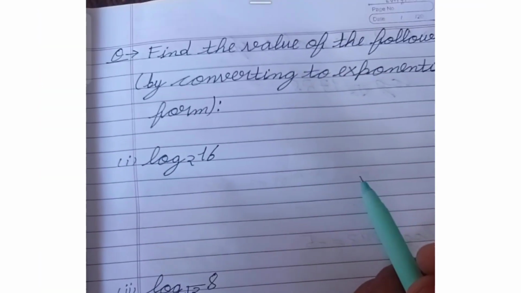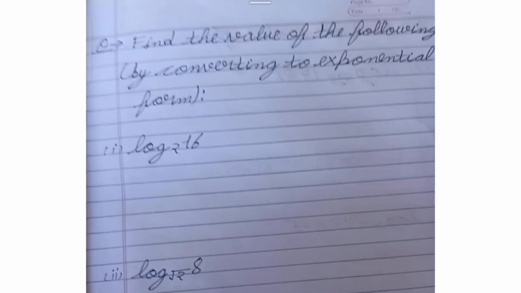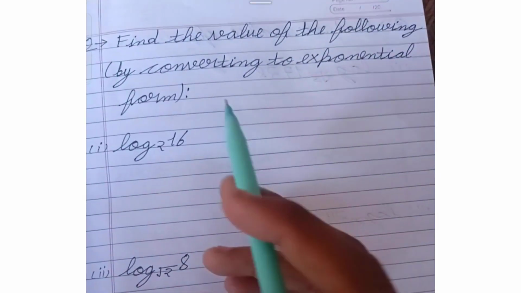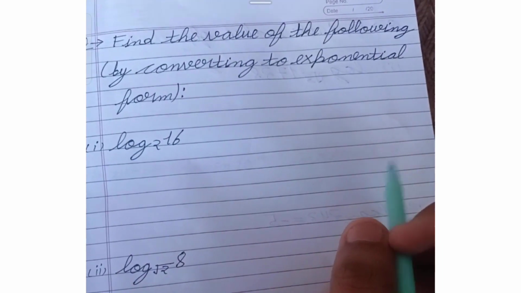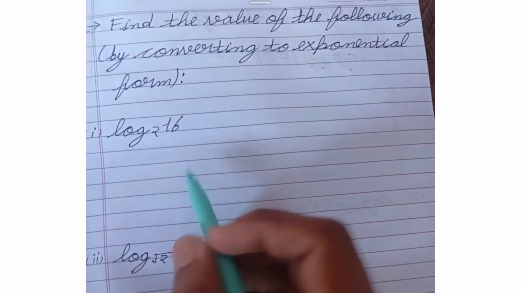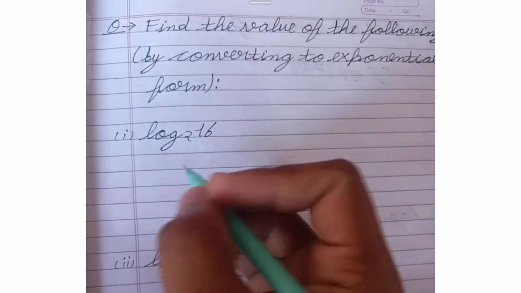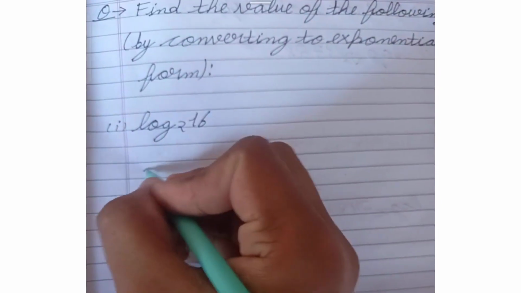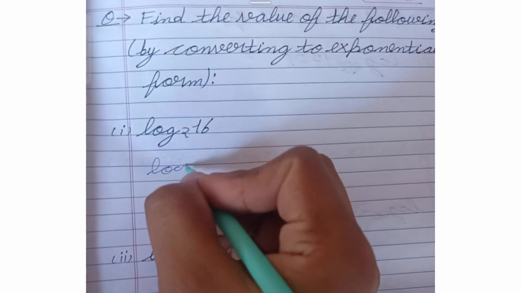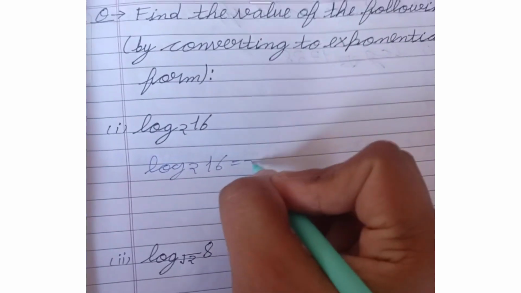Now the another question which will come to you in this chapter. Find the value of the following by converting to exponential form. So how to convert? Here we write log base 2 of 16, and here we write x.